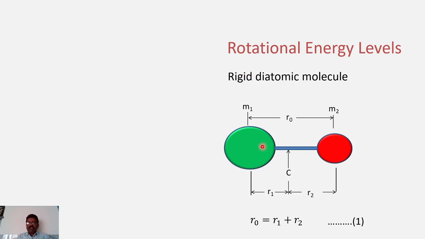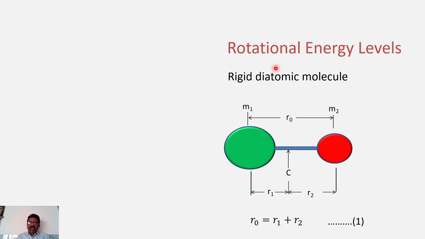So that means there are no vibrations involved. You can see here. Okay. So in order to study rotational energy levels, we have seen earlier two conditions. The electronic configuration should remain the same. That means the electrons of these atoms should lie in their ground states only, that is, their original orbitals only.